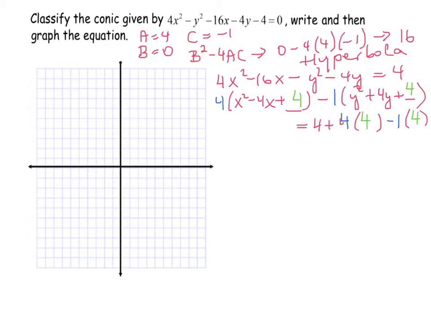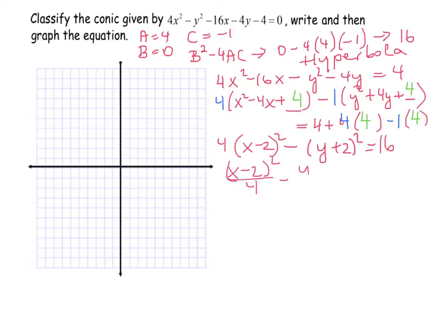After that, I can rewrite my equation as 4 times x minus 2 squared minus y plus 2 squared equals 4 plus 16 minus 4, which equals 16. And if I divide both sides by 16, I get x minus 2 squared over 4 minus y plus 2 squared over 16 equals 1.